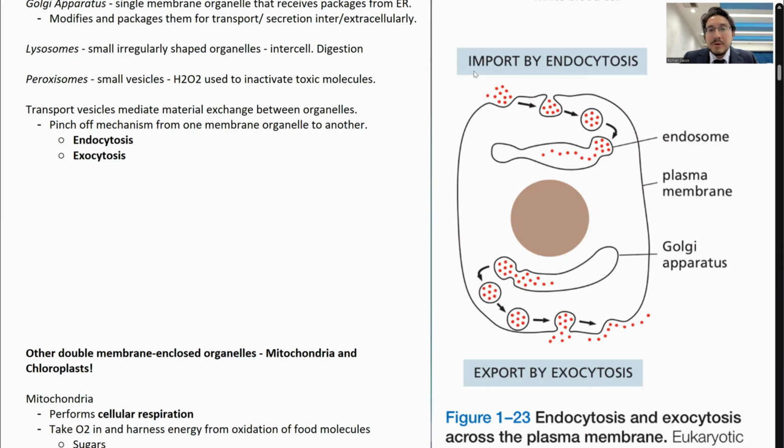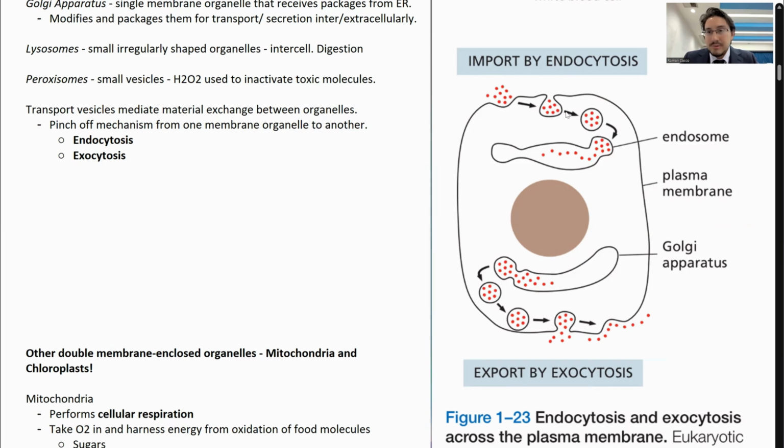So when you want to bring a large amount of material in, or large particles in, the cell membrane kind of bends inwards, or creates a little inward folding, and it creates a little vesicle, right? A little sphere containing the material that you want to bring in. That process that we'll see later on is called endocytosis, basically importing material.